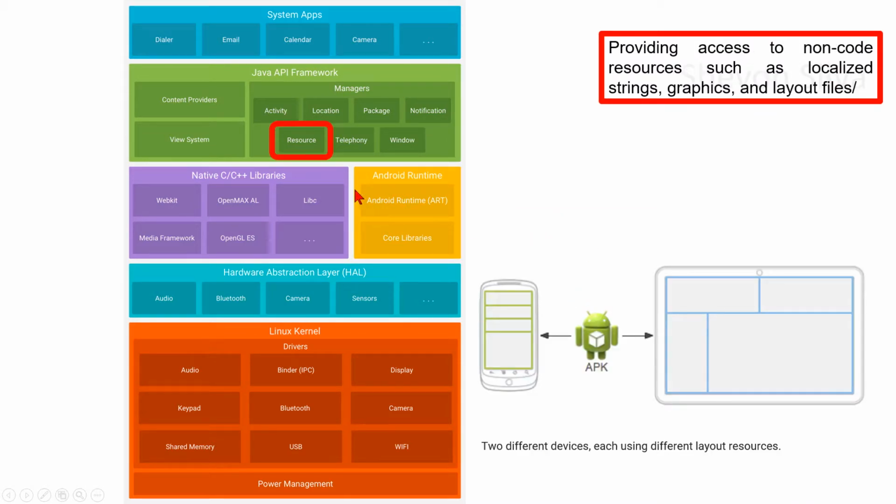Now we are considering resource manager. It's providing access to non-code resources such as localized strings, graphics, and layout files. Here you can see two different devices, each using different layout resources.